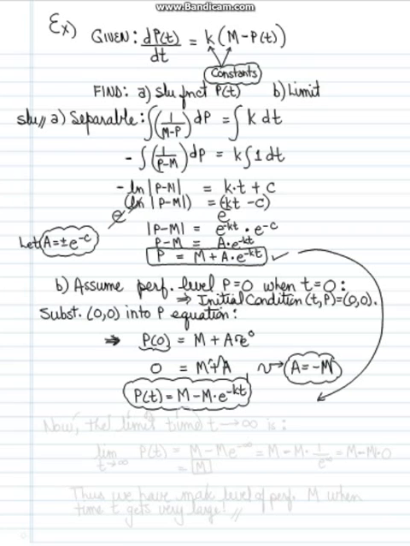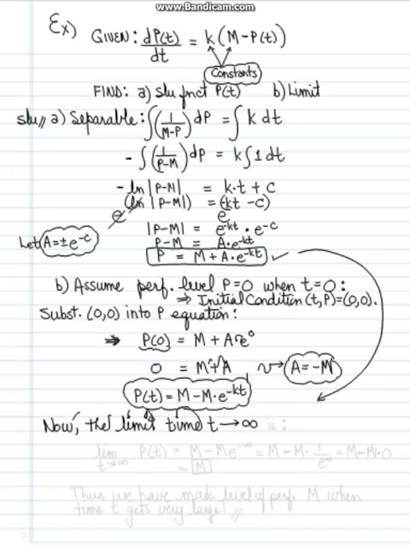Okay, so now we're going to finally answer the question where they asked about the limit. The limit as the independent variable, time t, gets huge. It goes to infinity.